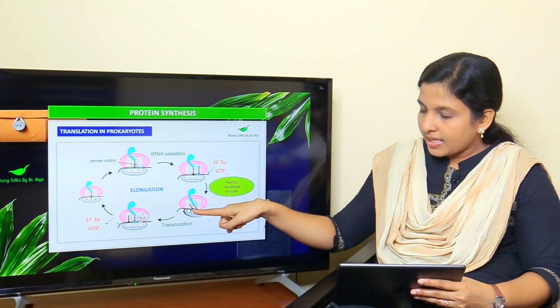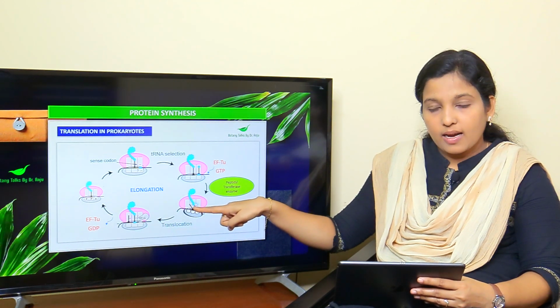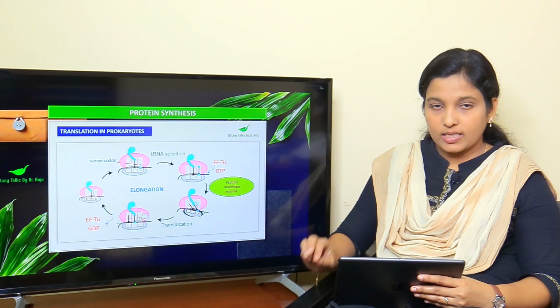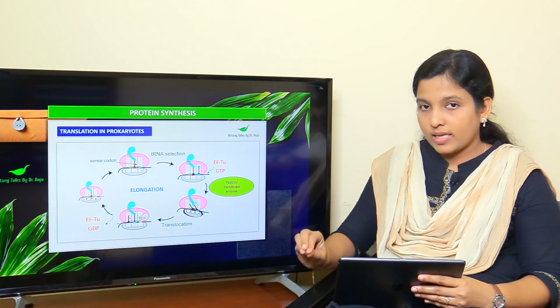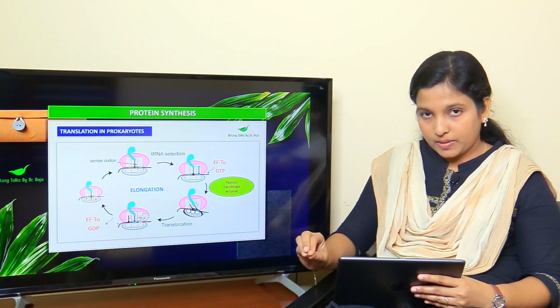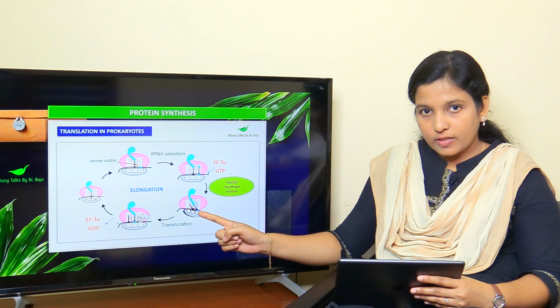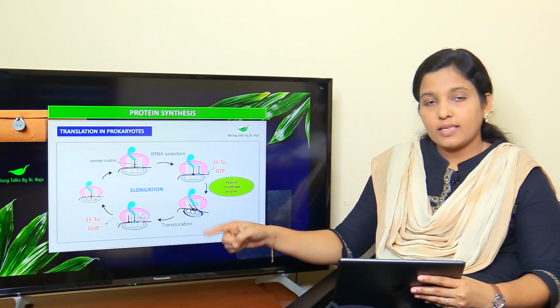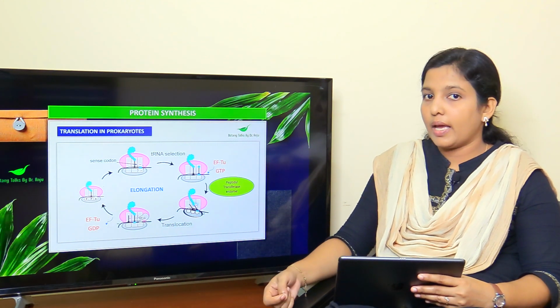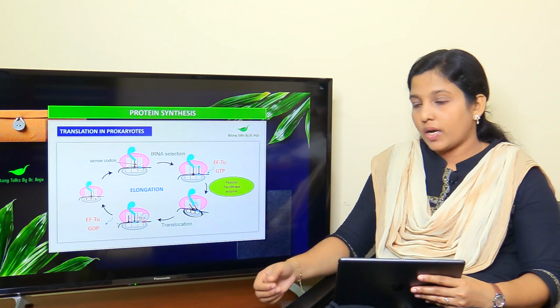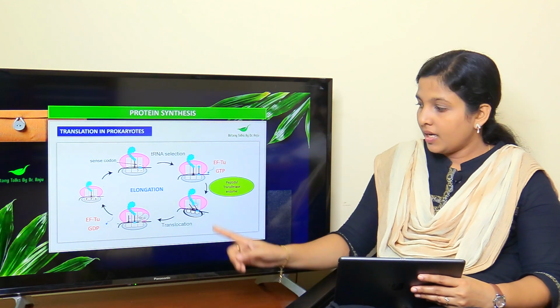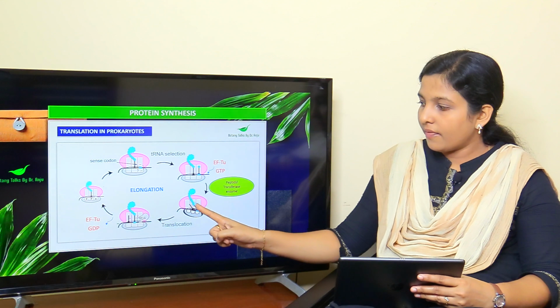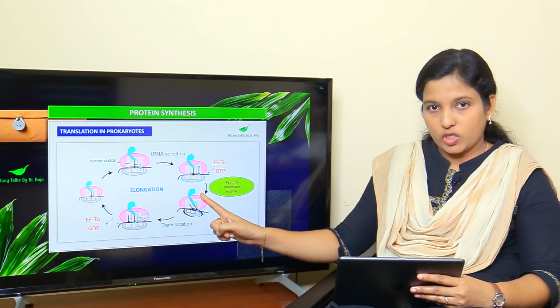This P site tRNA is now termed an uncharged tRNA. It does not have any amino acid or any polypeptide. Now it can leave the ribosome and attach to another amino acid for the next round of the elongation phase. In the A site, we now have the growing polypeptide chain.